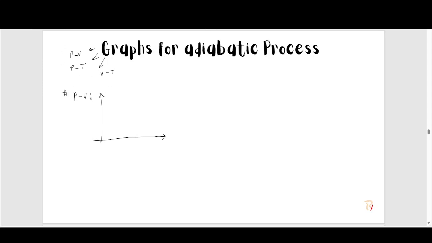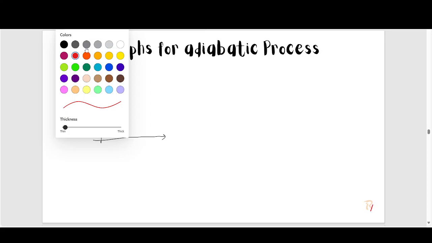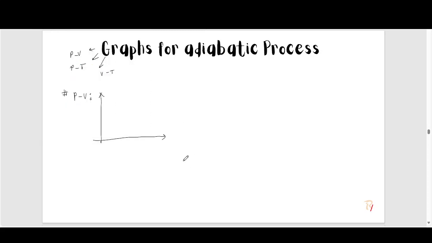These were the results, that's why I am highlighting this. It gives me a hyperbola, since PV to the power of adiabatic exponent gives me a constant. P is equal to constant upon V to the power of adiabatic exponent, which gives us a hyperbola.